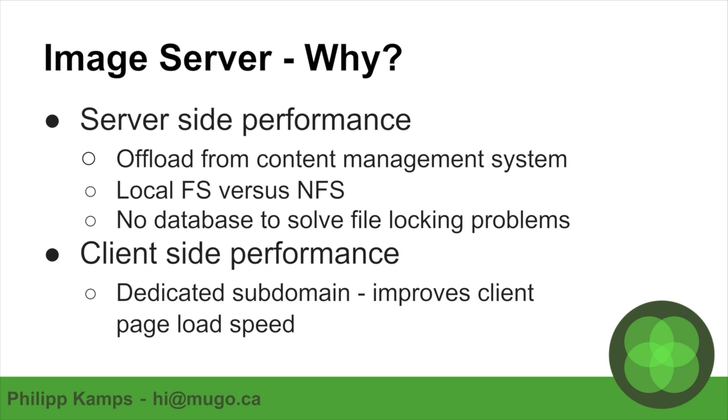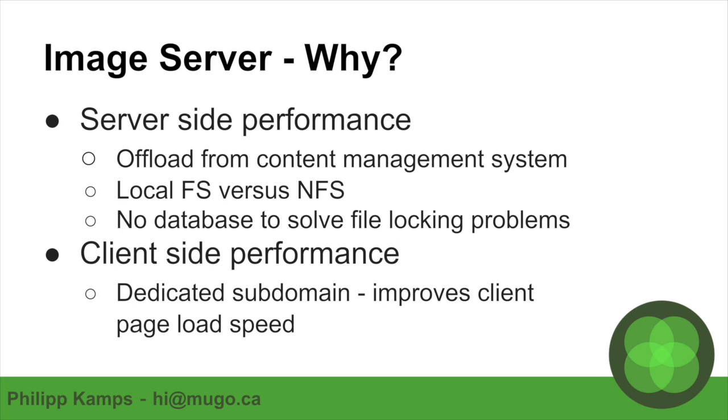Why did we decide to spend the time and the resources to implement an image server? I mean, it's already there in Easy Publish, so there must be some good reasons. One reason is performance. On the server side, I mentioned that before in the previous slide, you basically offload the task of serving the images from Easy Publish, from the normal content management system.